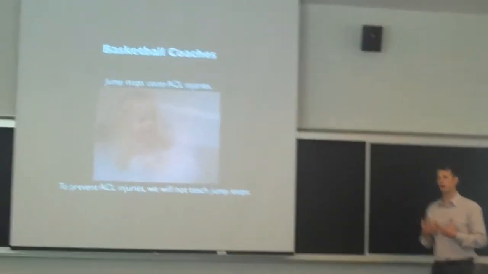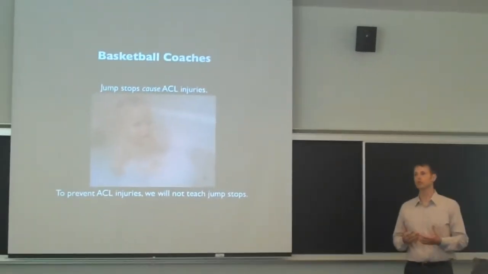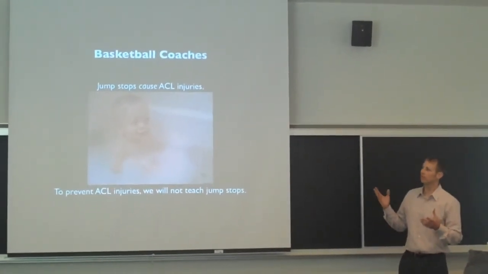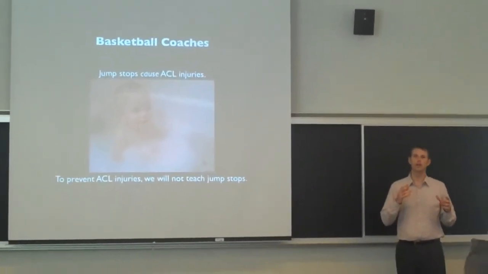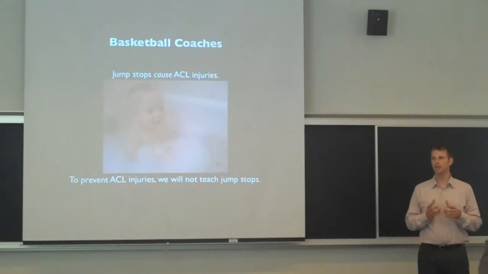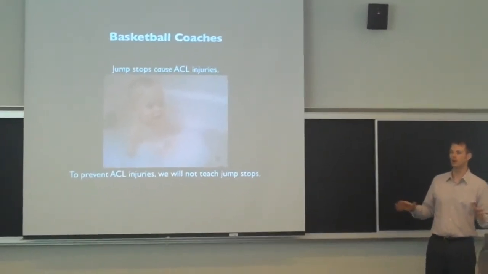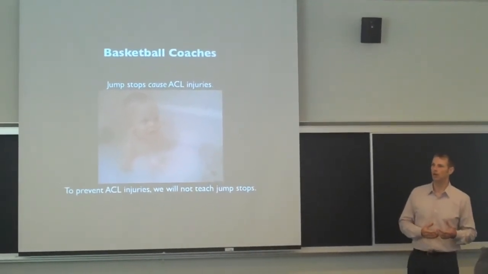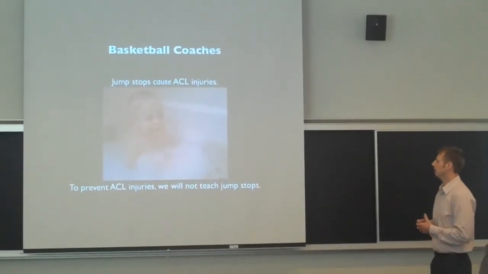So I know several basketball coaches on the West Coast whose answer to jump stops causing, in italics, ACL injuries is to eliminate jump stops. We're just not going to jump stop anymore, because it's jump stop's fault that girls are tearing their ACL.